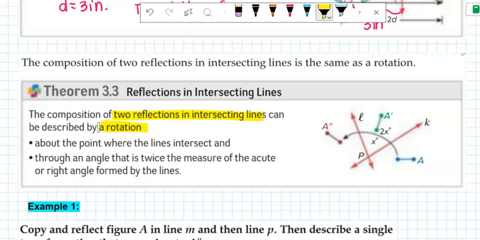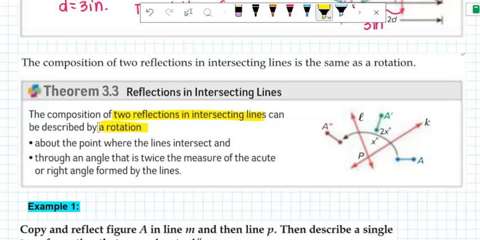Okay, the figure just ends up spinning around that point of intersection. Kind of like when we rotate something in the coordinate plane, right? Like our x and our y axis are connected, right? They're intersecting. So if we just kept rotating something about the origin, it would just keep spinning around and around the graph around that origin.